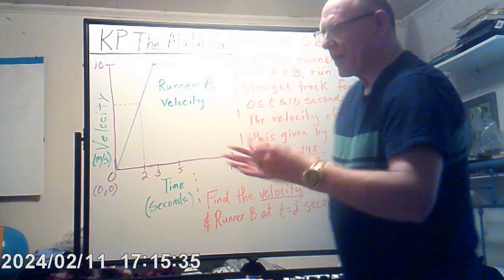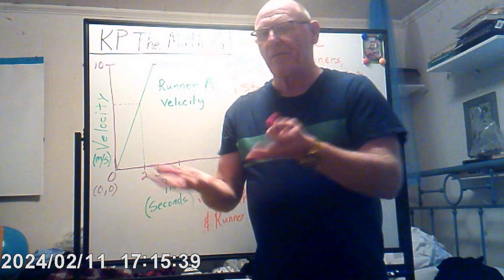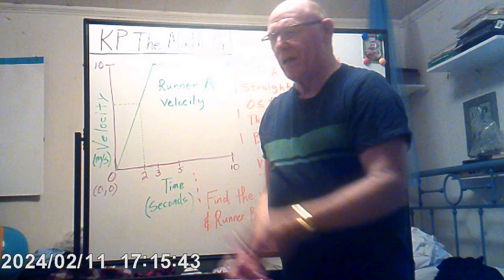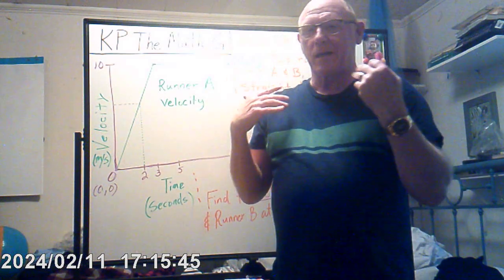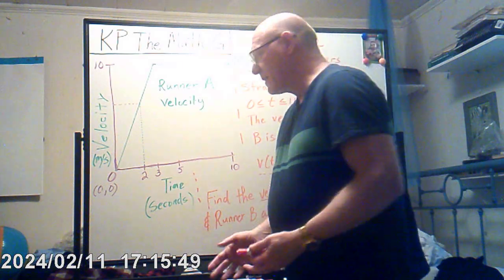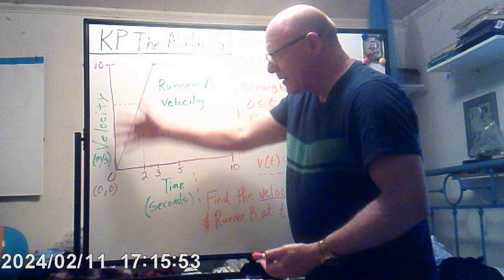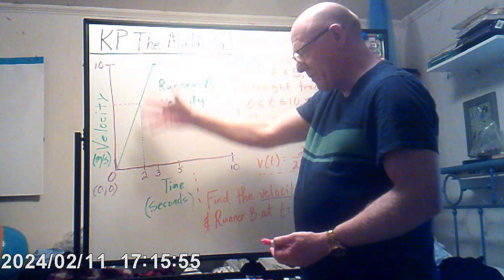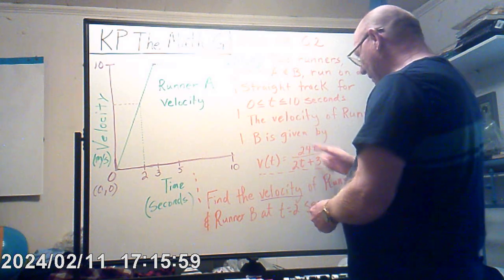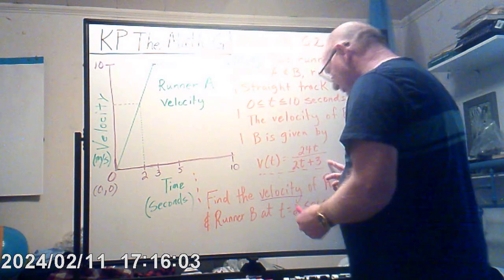People sometimes ask, KP the Math G or whoever, when do we know to take a derivative? When do we know to take an antiderivative? Well, folks, this is a graph of velocity. It tells you here velocity in meters per second. Now, do we need to take the derivative of this?